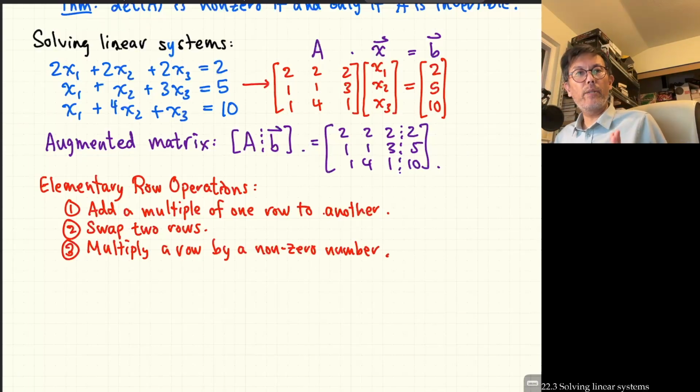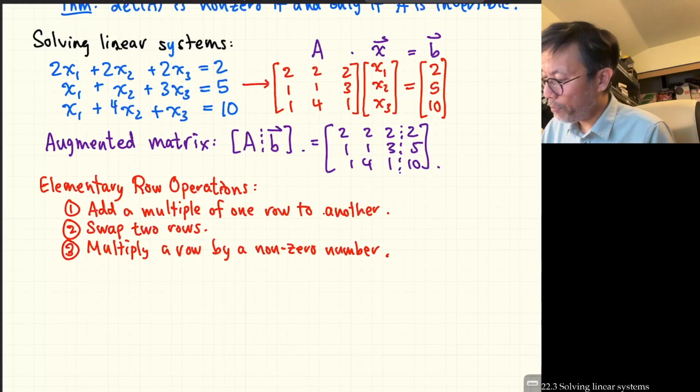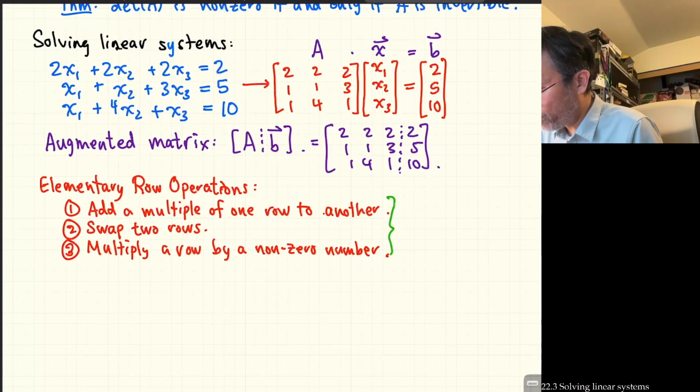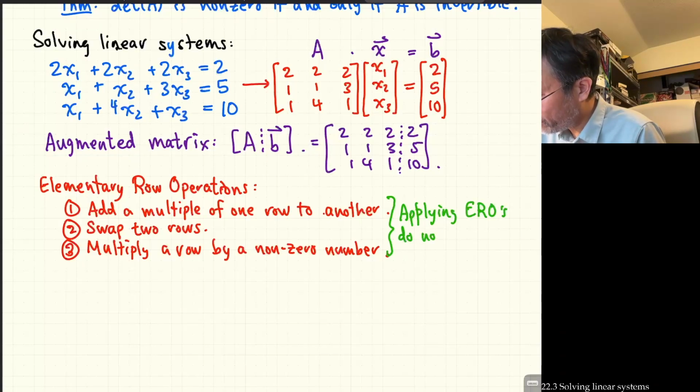These three elementary row operations are what you can use to manipulate your matrix. And yeah, they're going to change your matrix, but the point about these elementary row operations is that applying these EROs does not change the solution to the linear system.